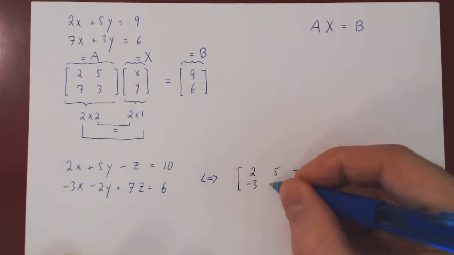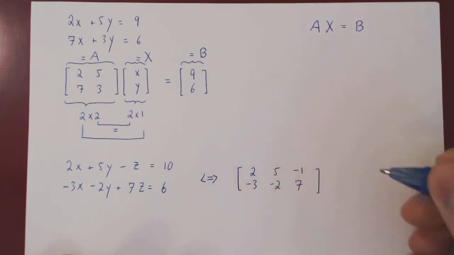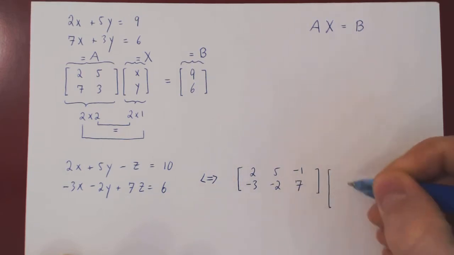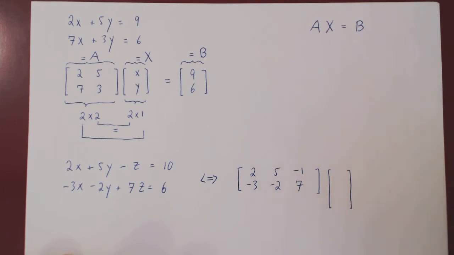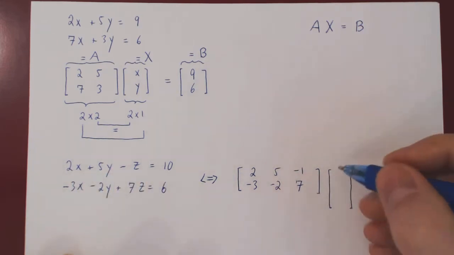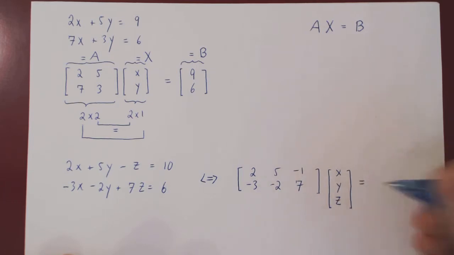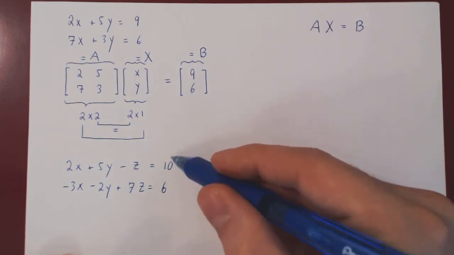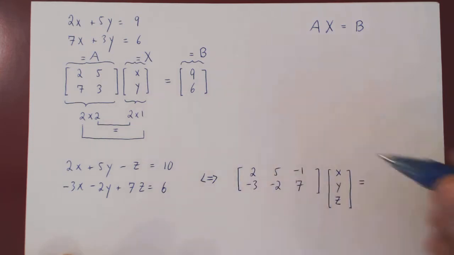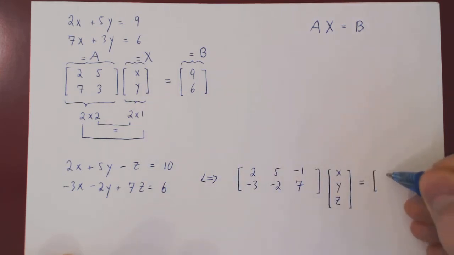Times the column matrix of variables, x, y, z, equals the single column matrix 10, 6. So that's our claim.